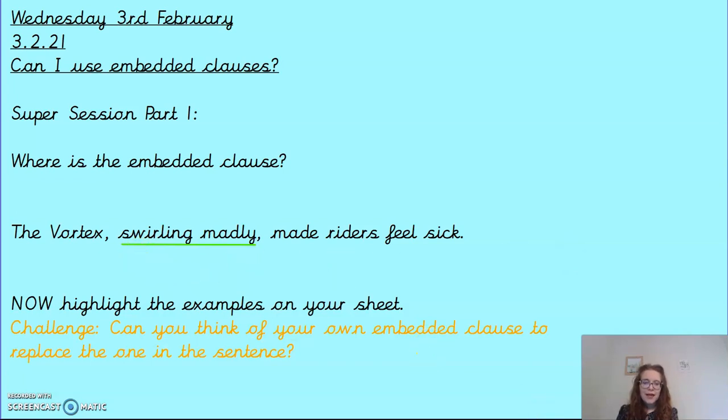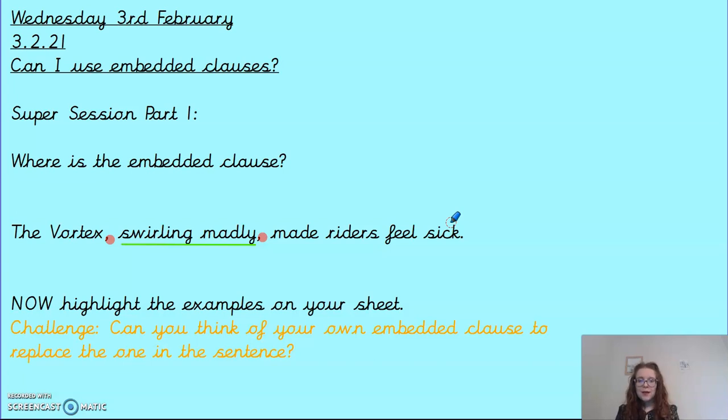Does it have a comma on either side of it? Yep, it does. It's got the vortex, comma, swirling madly, comma. If I take it out, will it still make sense? The vortex made riders feel sick.